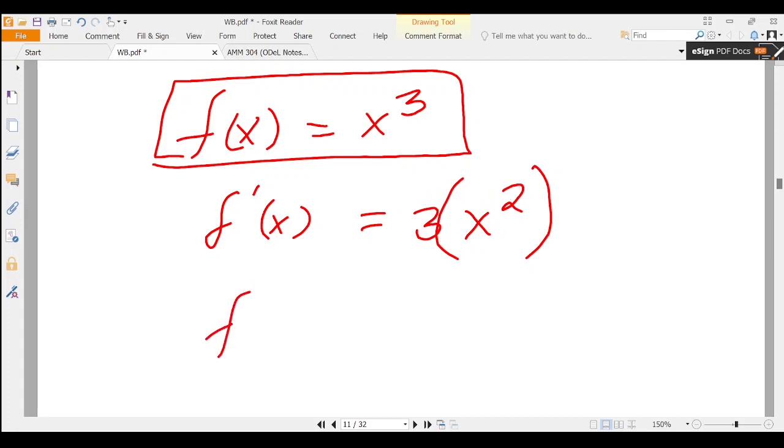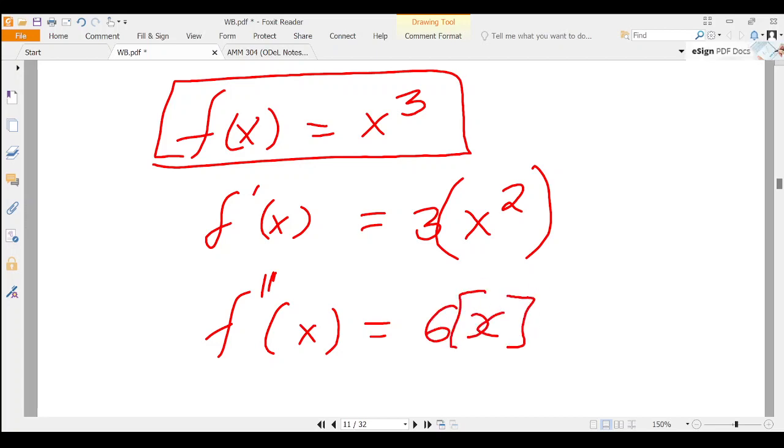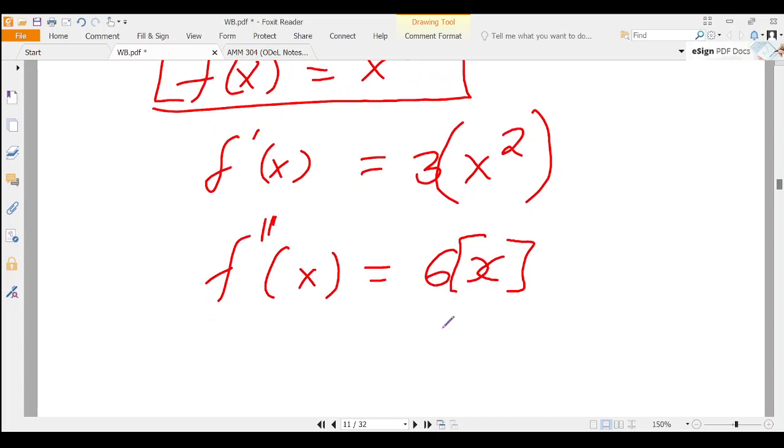If we find the second derivative, f double prime of x, we get 6x. Again, x here is a UC function, so f double prime is a constant multiple of a UC function, which is x multiplied by 6.